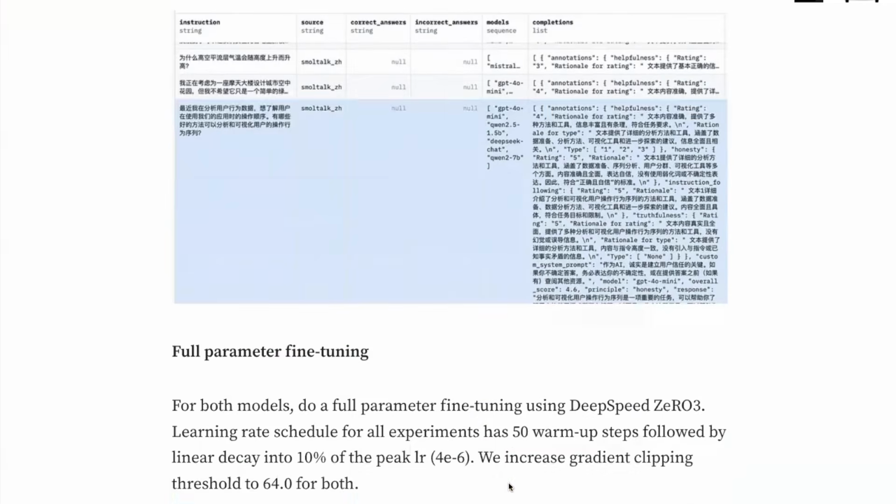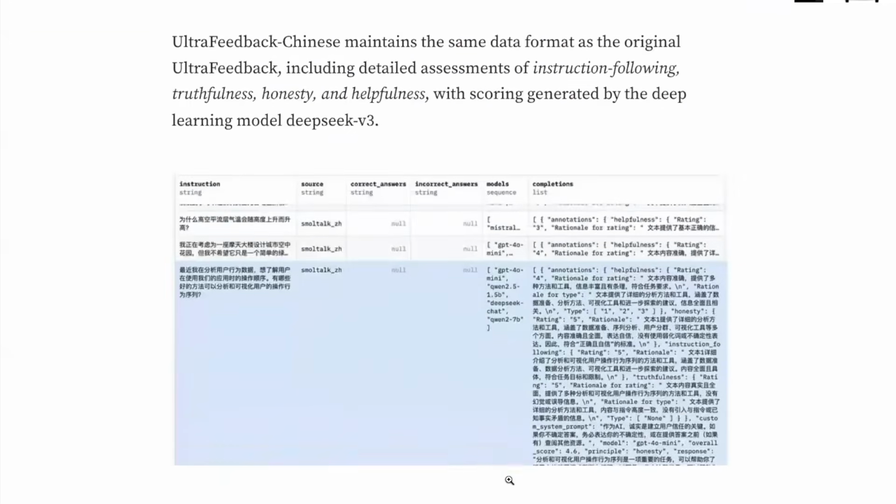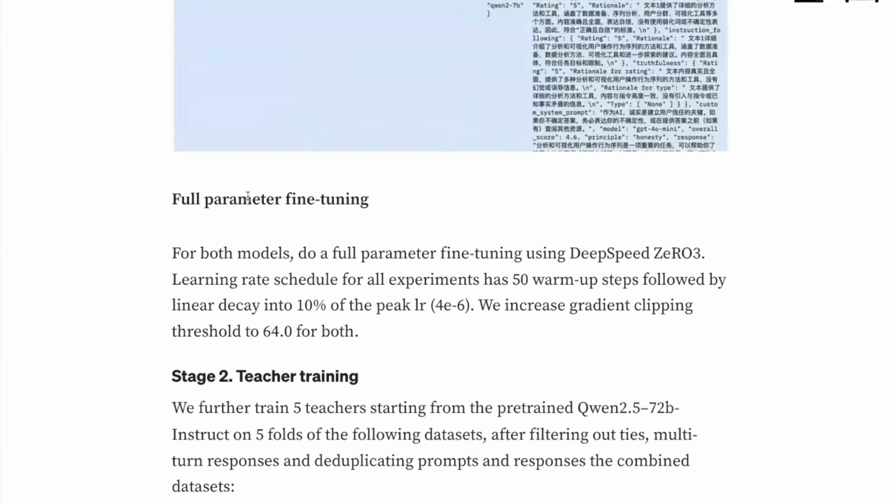This is their pre-training full fine-tuning data set, and then they do the full parameter fine-tuning. Although I don't know why they didn't choose efficient fine-tuning. Maybe there are still some tiny differences. But at least they say they do the full parameter fine-tuning using this.